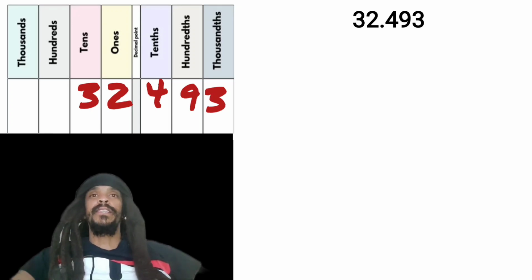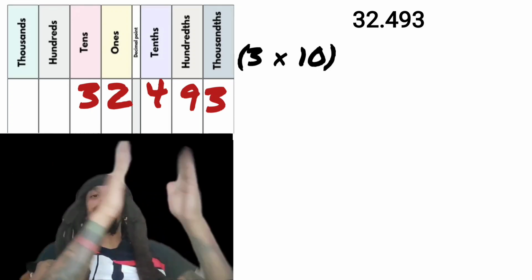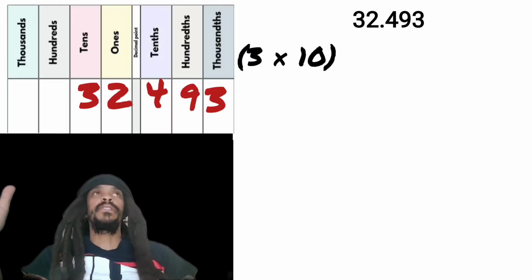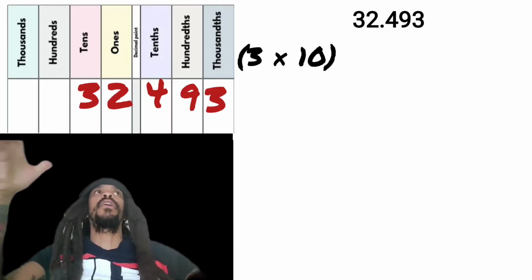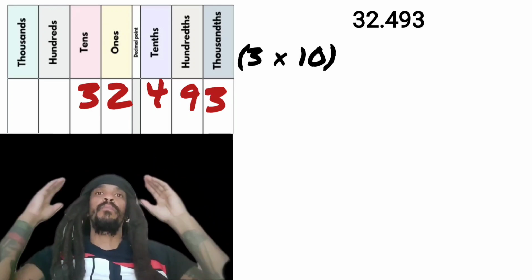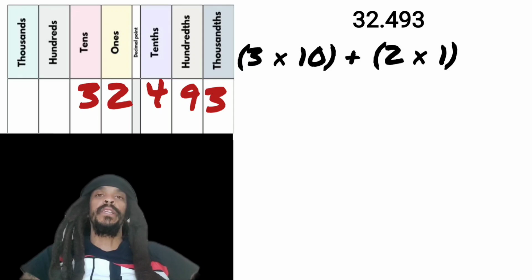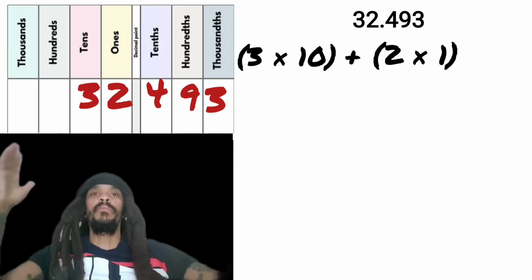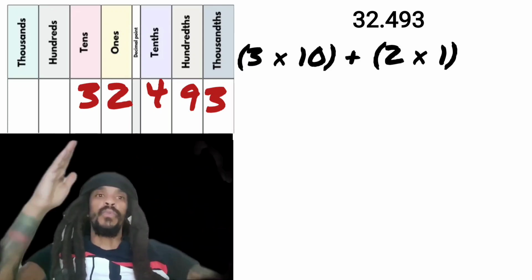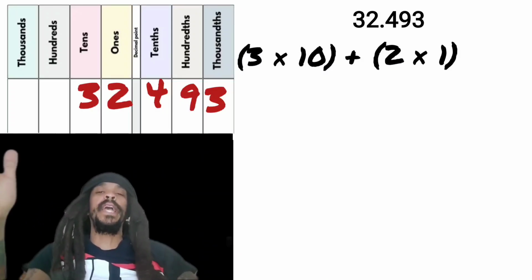That 3 that's in the tens place, it's not just a 3, it's 3 times 10. So you write that in expanded form, and then we add our expanded forms together. So 3 times 10 plus, we got a 2 in our ones place, so 3 times 10 plus 2 times 1. We're breaking down every digit into expanded form, and then we're adding them together.